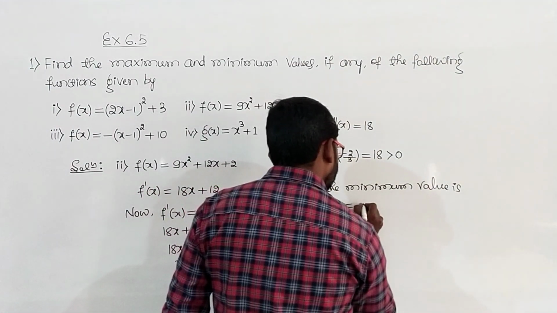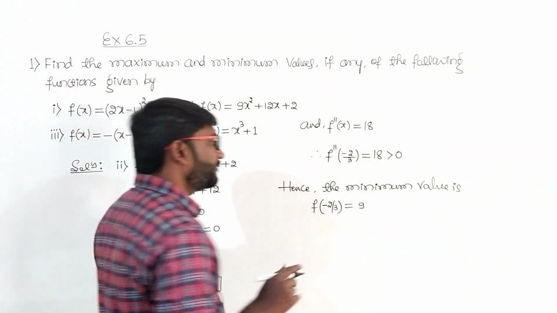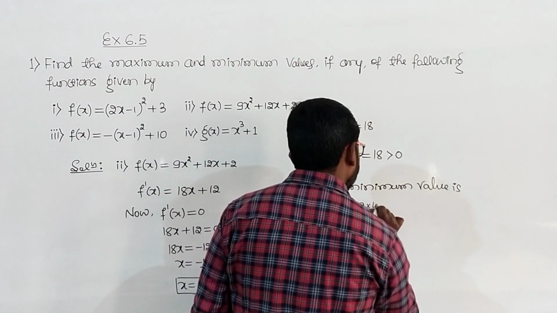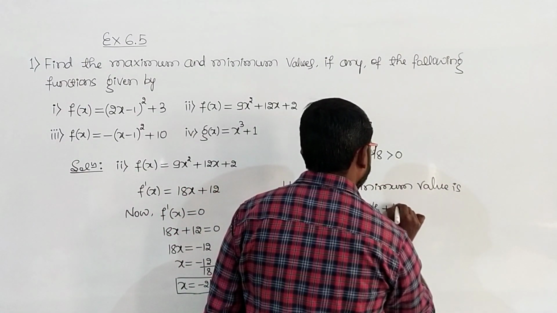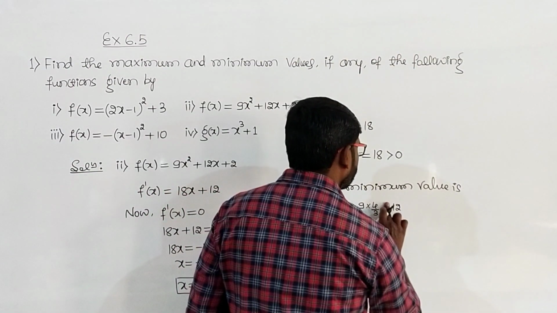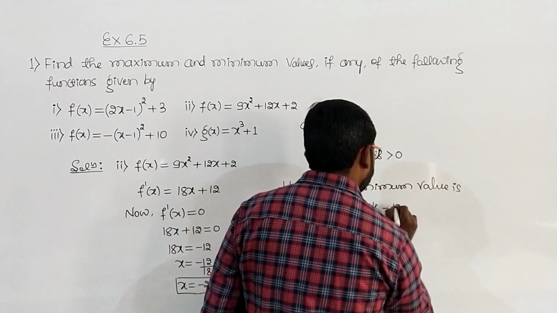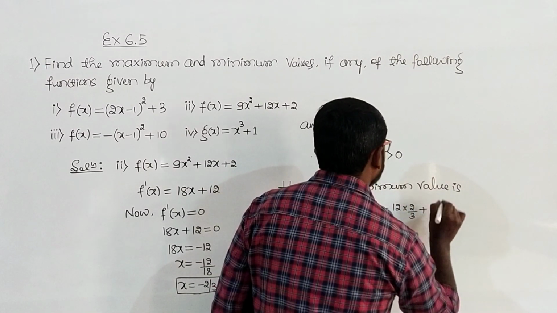9 into minus 2 by 3 the whole square, that means you get 4 by 9, and then plus 12 into minus 2 by 3. Minus into plus, it becomes minus. So I will be writing it directly: minus 2 by 3 plus 2.